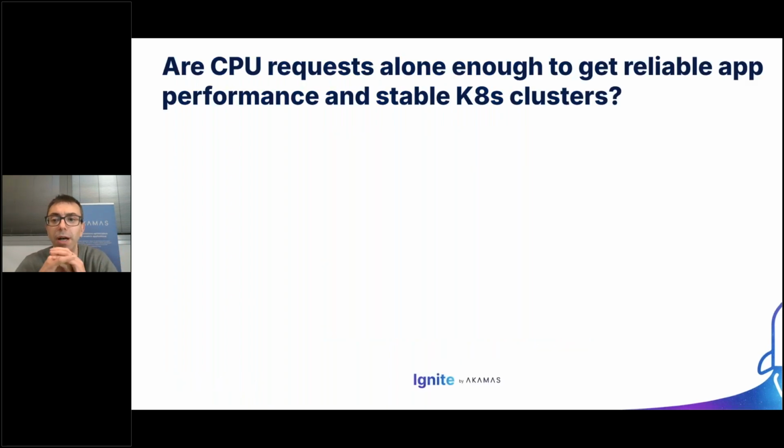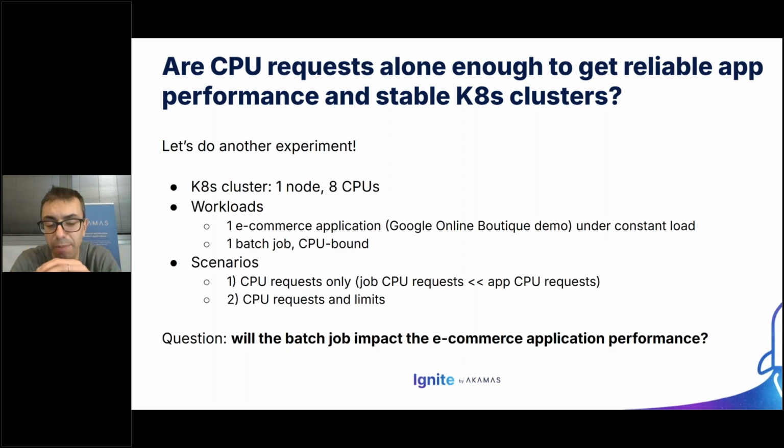So we try to answer this debate not with another theory, but with some quantitative results. What we did is, let's just do an experiment. Let's pick one simple CPU Kubernetes node, and create two benchmarks. Let's use an e-commerce application that is running with a constant load using a load testing tool.